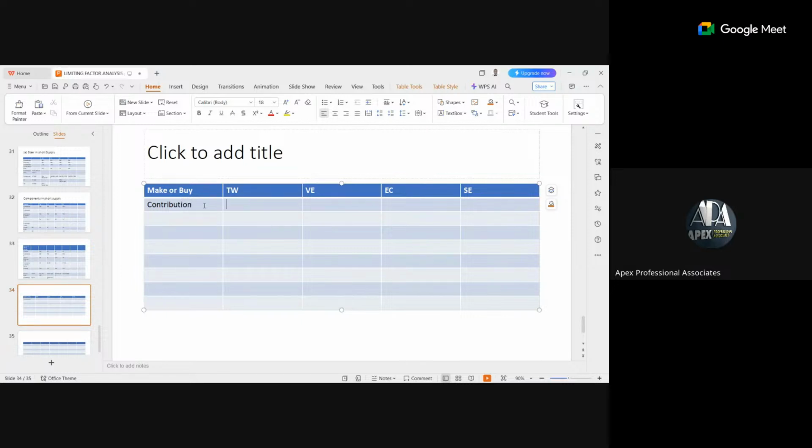Contribution for TW is what? 360. For VE is 520. For EC is 300. For SE 540. Now, if we are to buy, let me say contribution in brackets make, contribution buy.